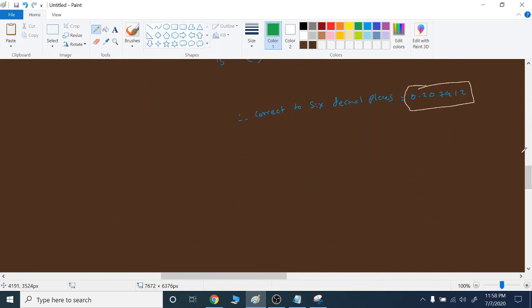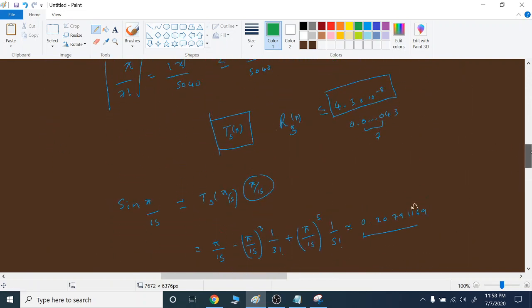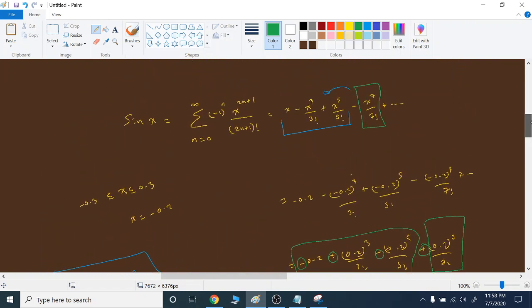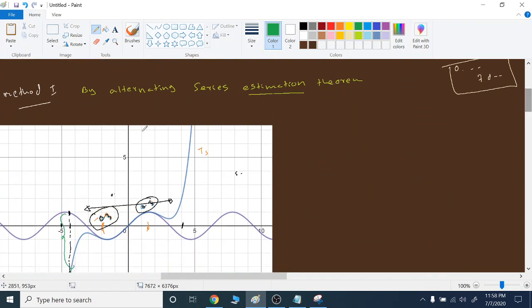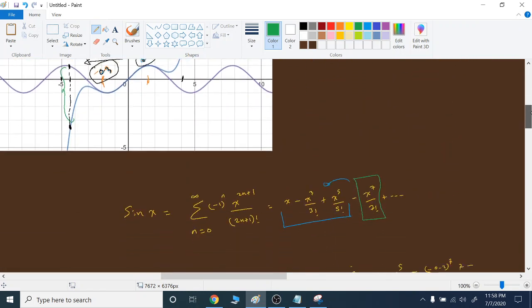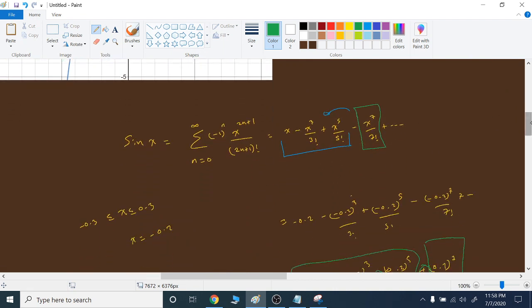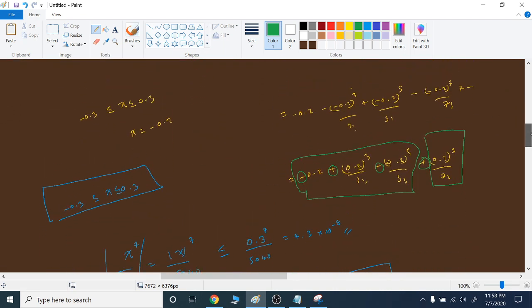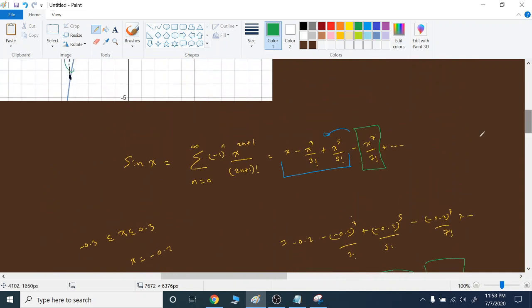To do that, we simply have to use the alternating series estimation theorem one more time. From that theorem we already know that the error of T5 will be less than the upper bound given by the next term.